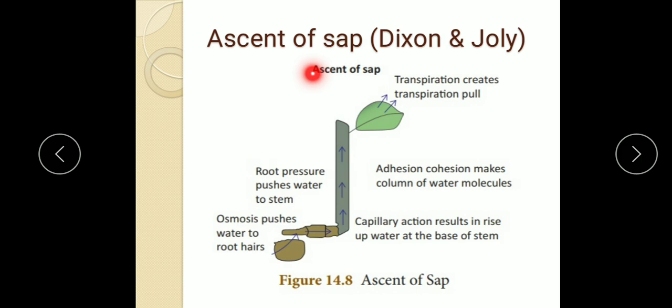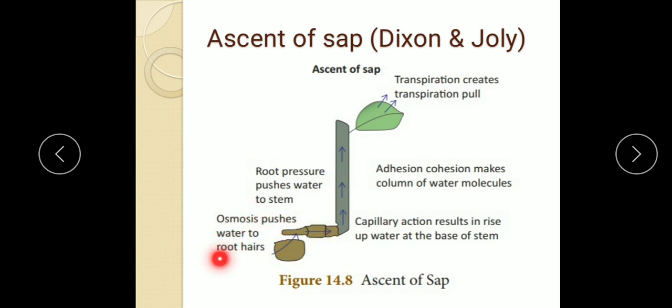It produces a tension in the water molecules in the xylem tissue, and due to bonding, that is cohesion force, strength between water molecules, it is drawn up from the roots. So this theory was explained by Dixon and Joly, known as the cohesive theory of ascent of sap. So, understood ascent of sap here?